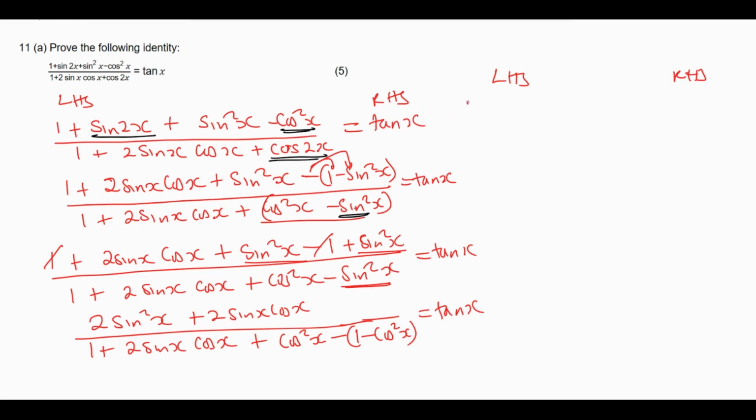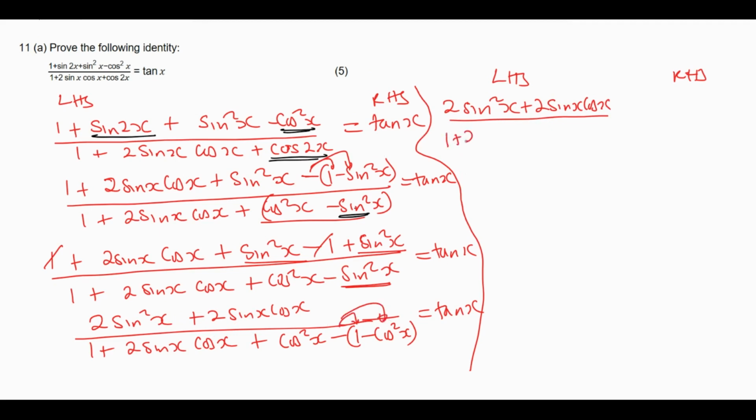So it's going to be 2 sine squared x plus 2 sine x cos x, all this over, let's remove the bracket here, 1 plus 2 sine x cos x plus cos squared x minus 1 plus, because of the distribution of negative 1, plus cos squared x, is equal to tan x. 1 minus 1 is 0.